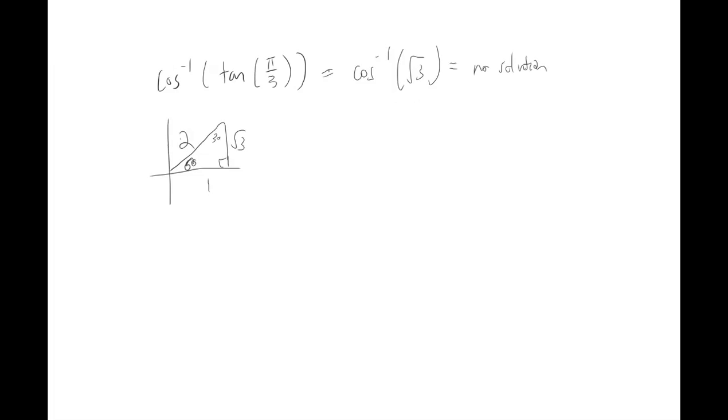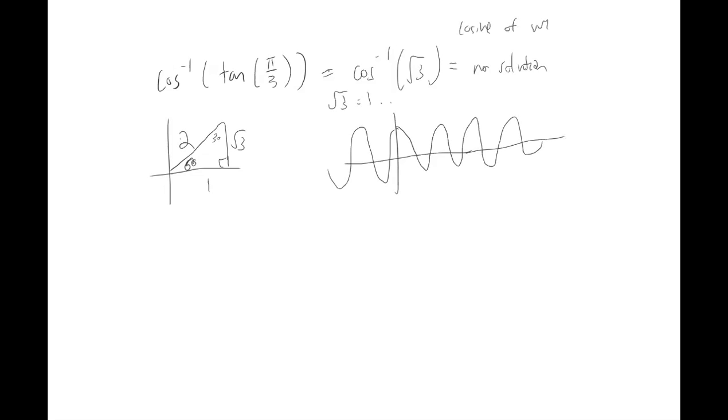Root 3 is like 1 point something, and cosine only goes up to 1, so it's not going to happen. But the idea is that you're asking cosine of what angle is root 3. I think the questions in your book should have solutions.